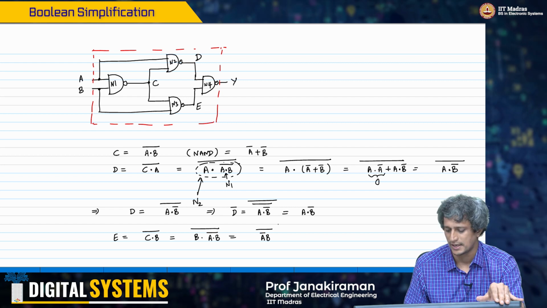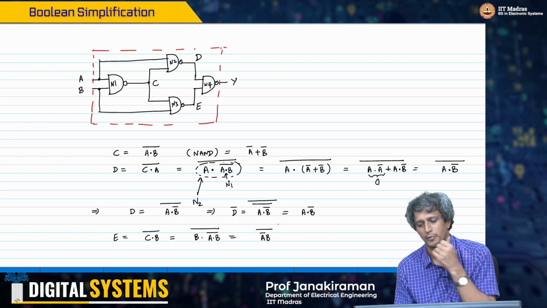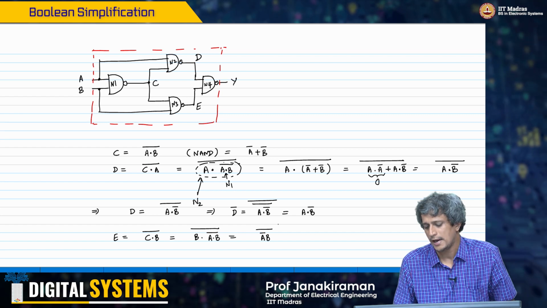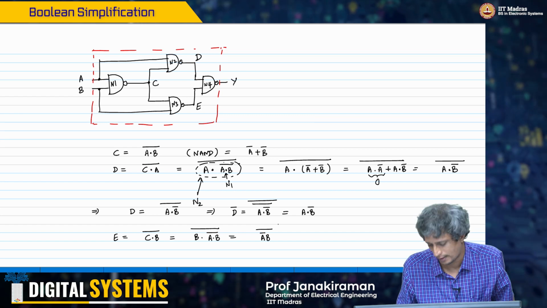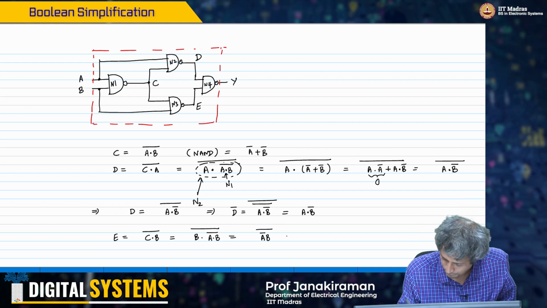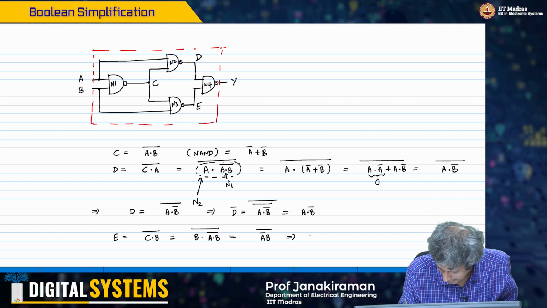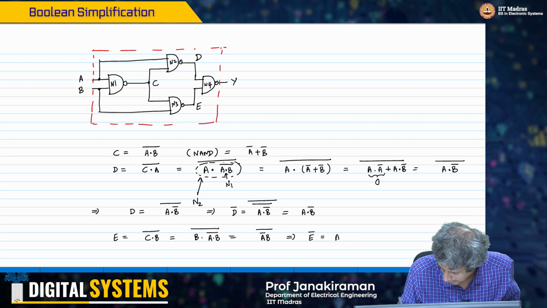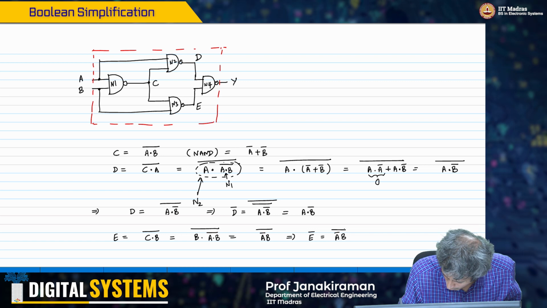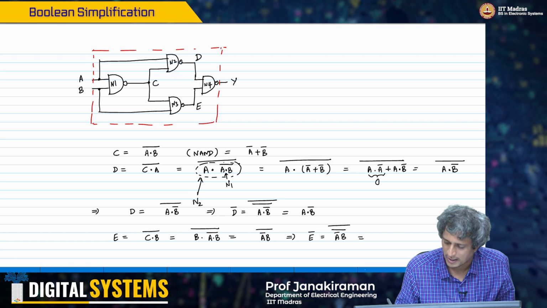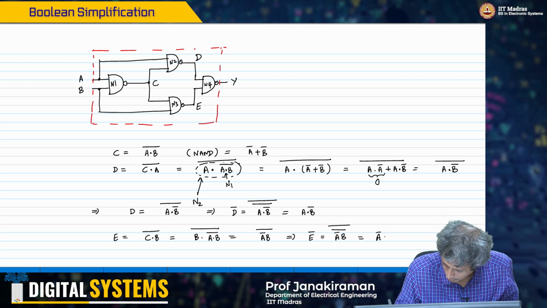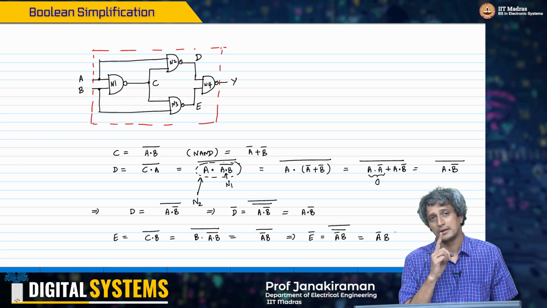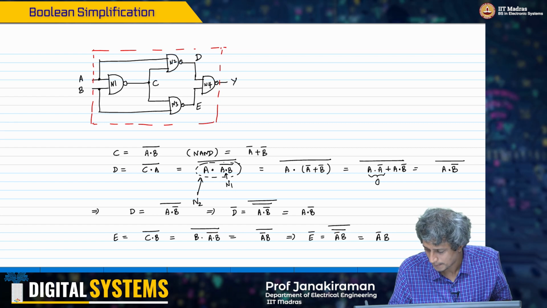Okay, I leave this as an exercise to you. Please write out the intermediate steps and show that this one reduces to A bar B whole bar, right? So this implies E bar, again by taking a double complement, it is A bar B whole bar double complement, and therefore that will vanish, it will become A bar B. So E bar is A bar into B.